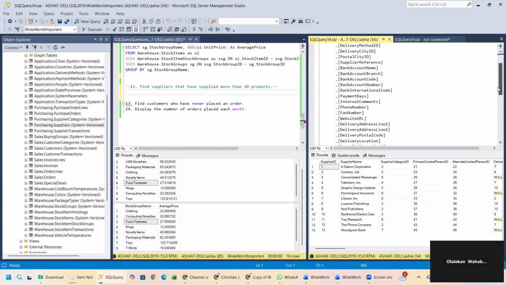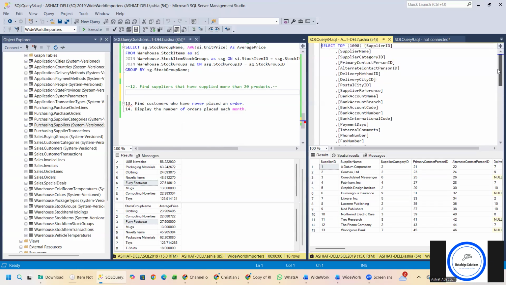Under the supplier table, we have supplier name, supplier category ID and supplier ID, so we know we have a primary unique value that we can link other tables with.